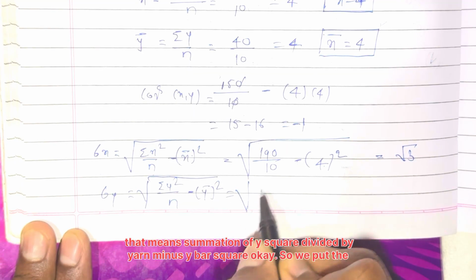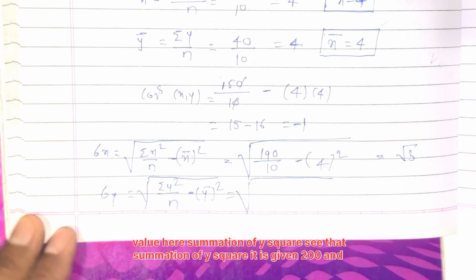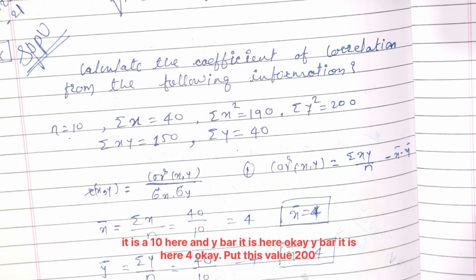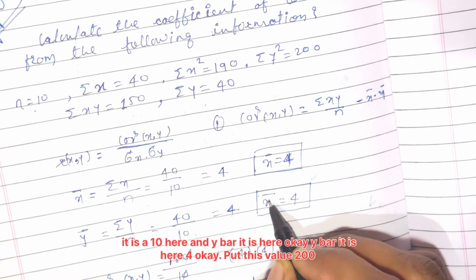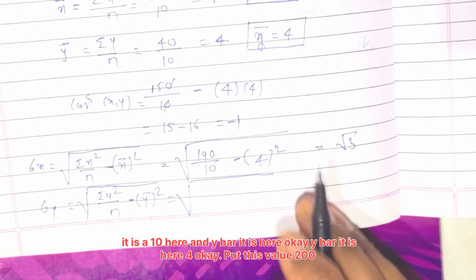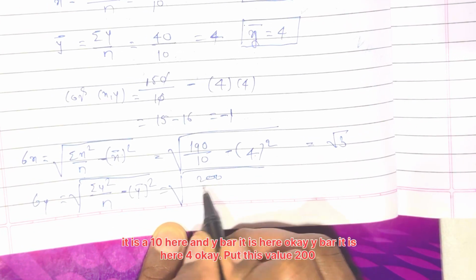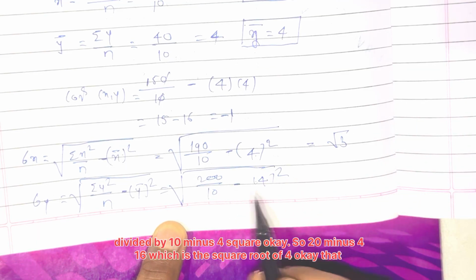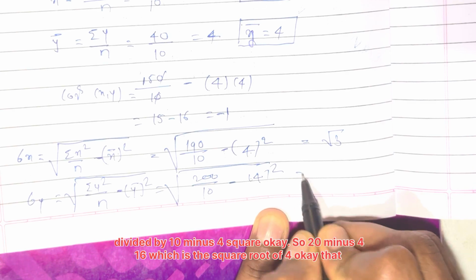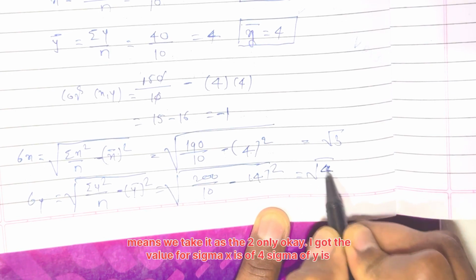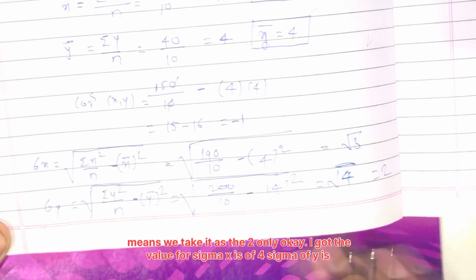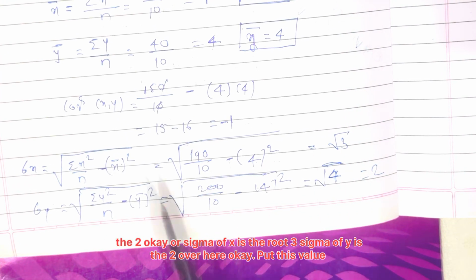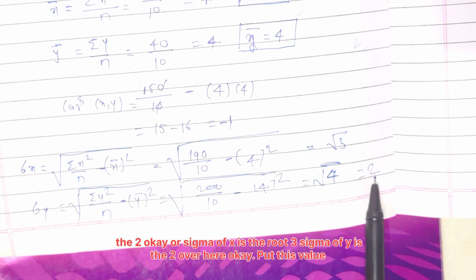Summation of y square is given as 200, n is 10, and y bar is 4. So 200 divided by 10 minus 4 square, so 20 minus 16, which is the square root of 4, that means we take it as 2. I got sigma of x as root 3, sigma of y as 2.